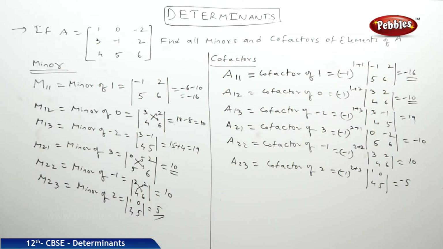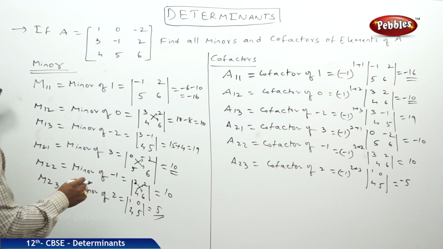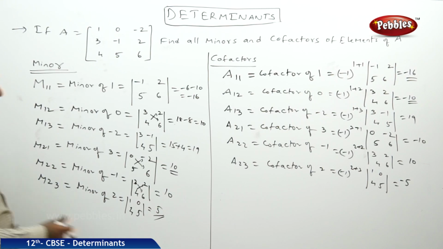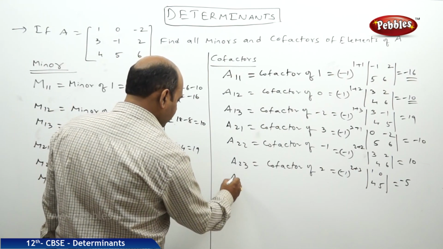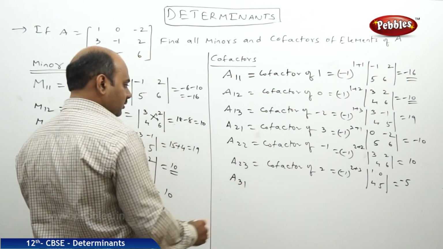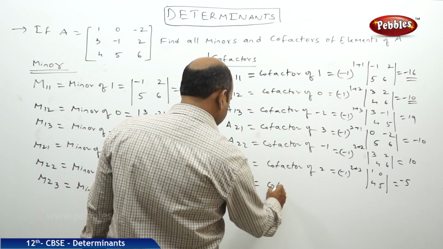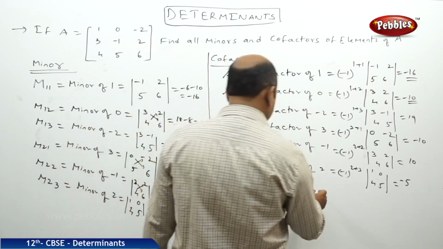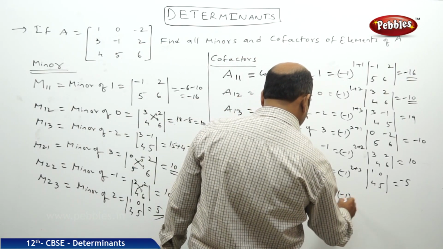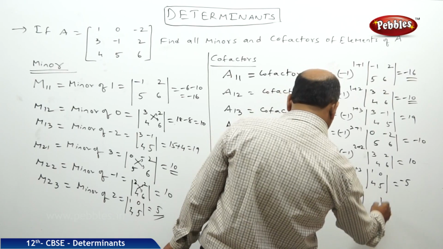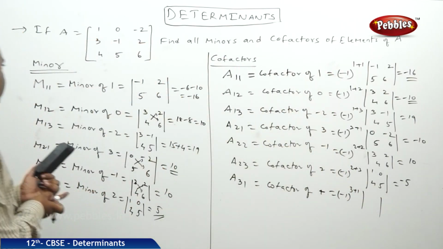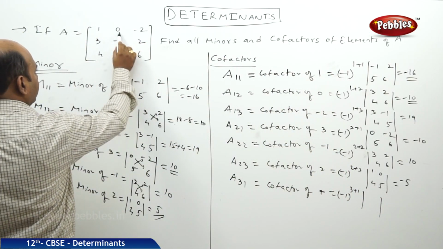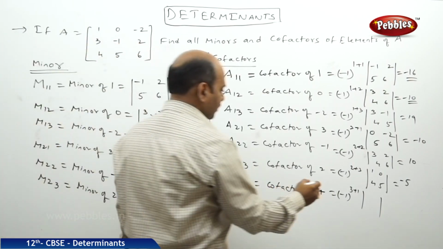And similarly, minor of 4. Minor of 4, so directly here I will be doing, I will write this as A31. A31 means cofactor of 4. Cofactor of 4 means minus 1 power 3 plus 1 into its minor. Into its minor means what happens? 0 minus 2, minus 1, 2.